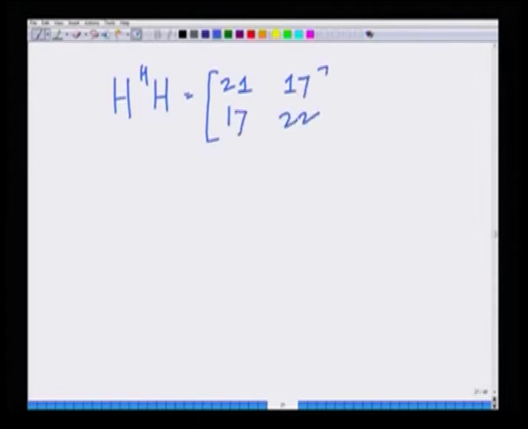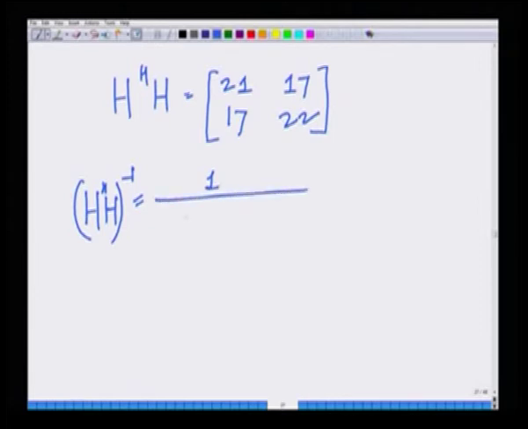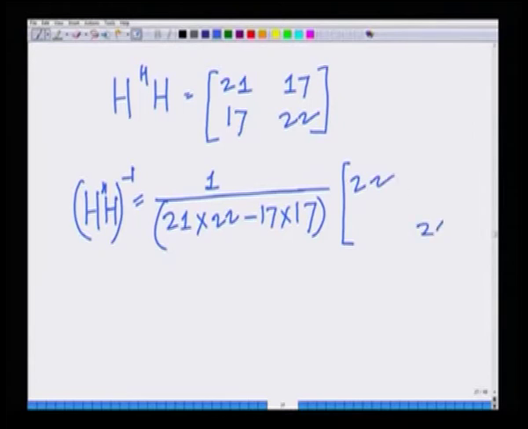This is a 2 cross 2 matrix, and the inverse of this 2 cross 2 matrix, we know, is simple: H Hermitian H inverse equals 1 over the determinant times, I swap the entries on the diagonal and I take minus of the off-diagonal entries.